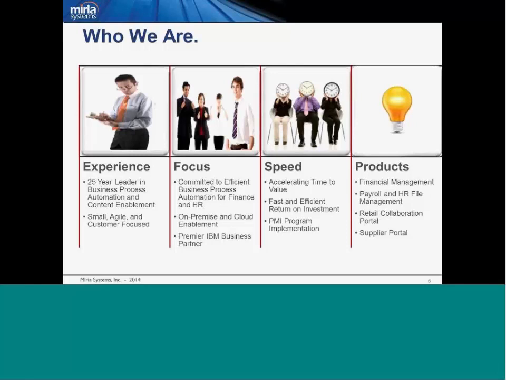But we also help customers with all applications around business process automation, specifically in finance, of which AP is a part, and in human resources. We today offer our solutions both on-premise and through managed services or enabled on the cloud.